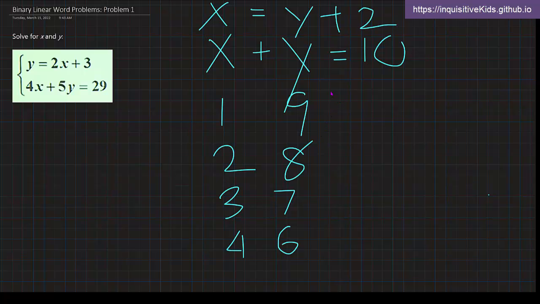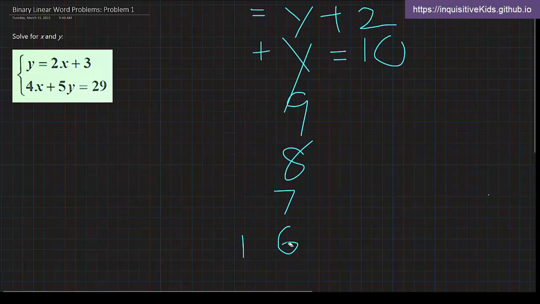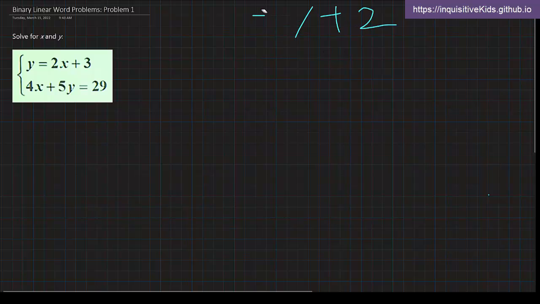Well, that will narrow what's possible for x and y, and there would only be one pair that can really match that, right? x plus y equals 10, and x has to be y plus 2. So y would have to equal 4, and x will equal 6. So with using that second equation, we were able to narrow down the exact values of x and y.